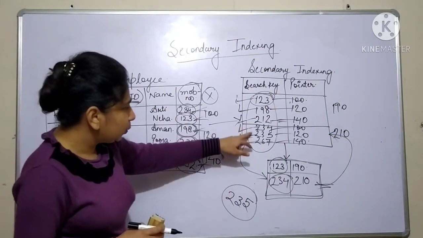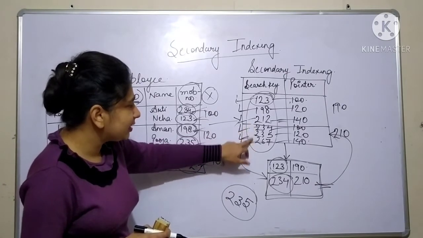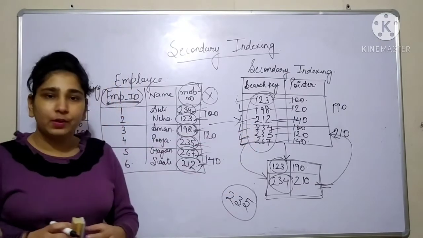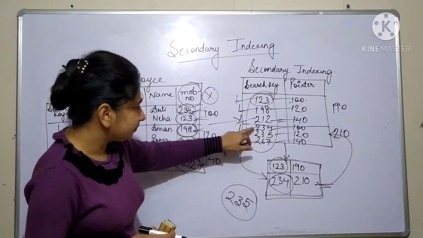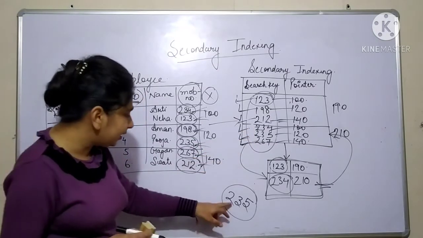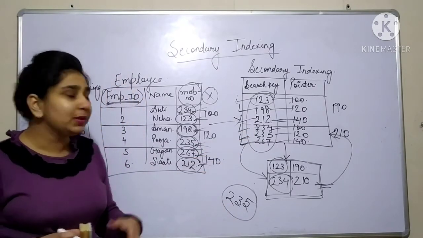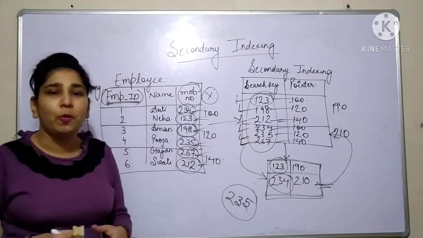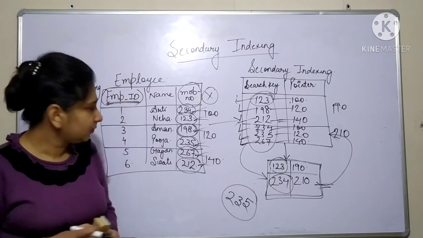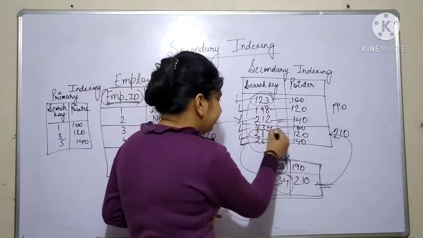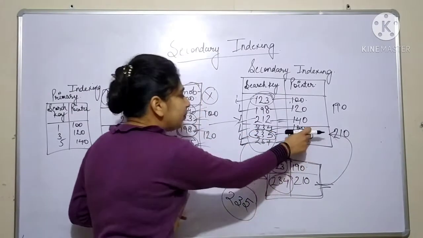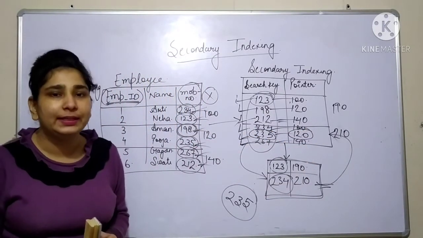Then we are here in this block. We will be searching where 235 is present, so that we can go to the corresponding block. We search 235, and we get the block pointer 120.